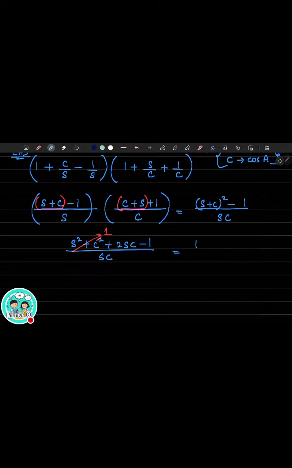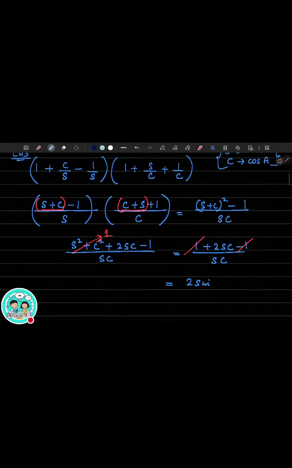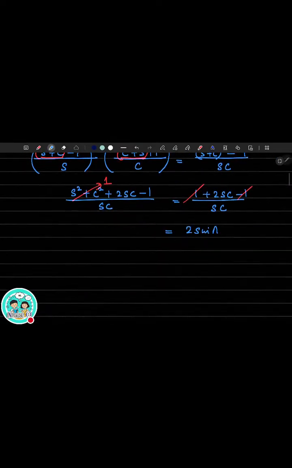So you can write (1 plus 2 sine A cos A minus 1) whole divided by sine A cos A. Here the plus 1 and minus 1 get cancelled, and what is left is 2 sine A cos A divided by sine A cos A. So all of these trigonometric ratios get cancelled, and the final answer is only 2, which is equal to our RHS.